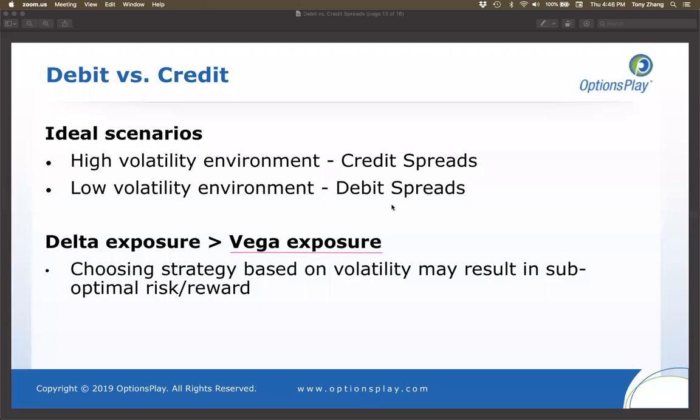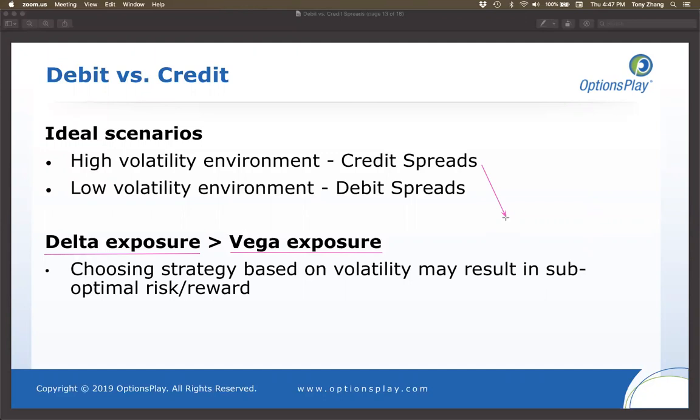But in reality, regardless of whether you trade a debit or a credit spread, your delta exposure is far, far larger than your volatility exposure. Even if you sell a credit spread when volatility is really high and volatility does come down, the amount of money that you make on that one component of the trade does not come close to the amount of money that you can make if the stock moves in the direction that you expect it to. Or if the stock moves in the opposite direction, it's going to far outweigh the money that you make on the volatility piece.